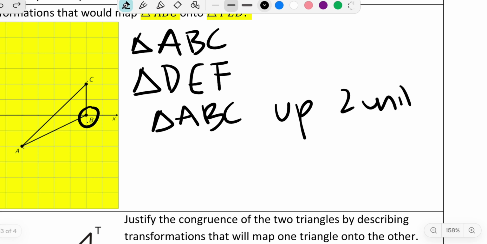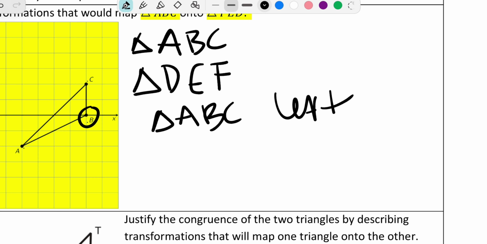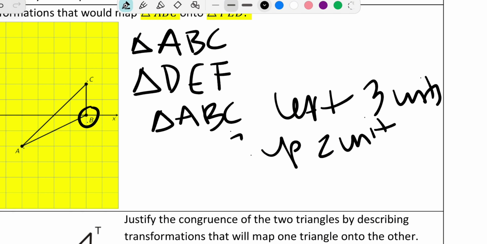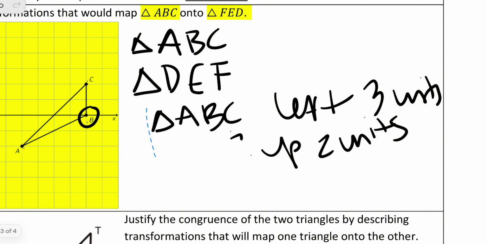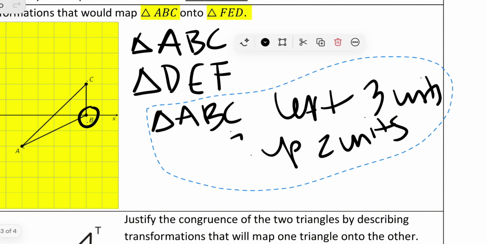Wait, that's a lie, guys. Left 3 units and up 2 units. That's going to be my very first transformation. I'm going to write that a lot smaller.